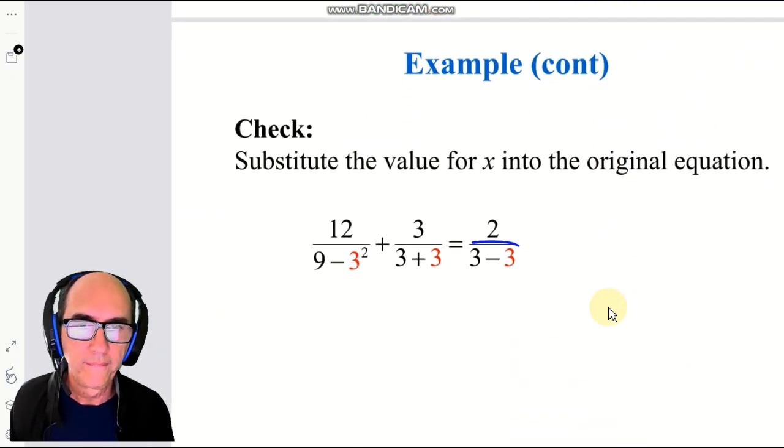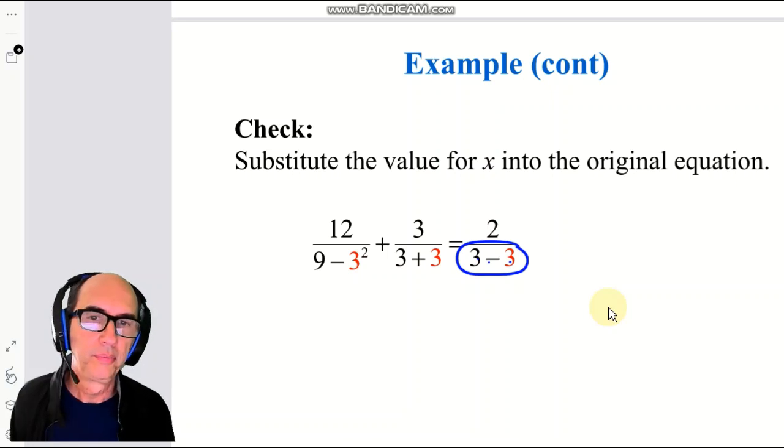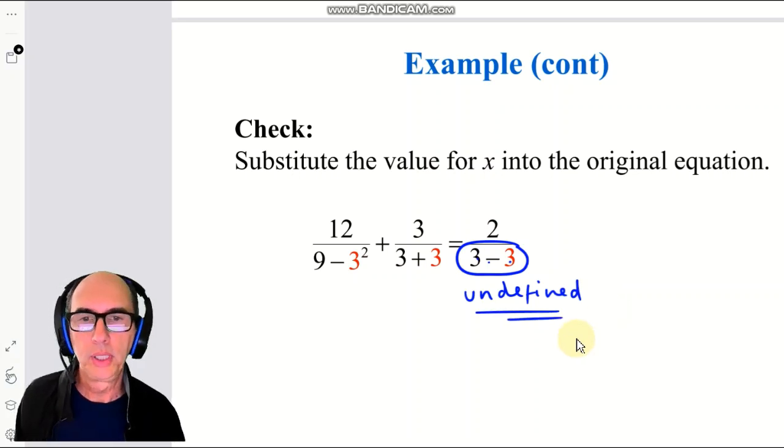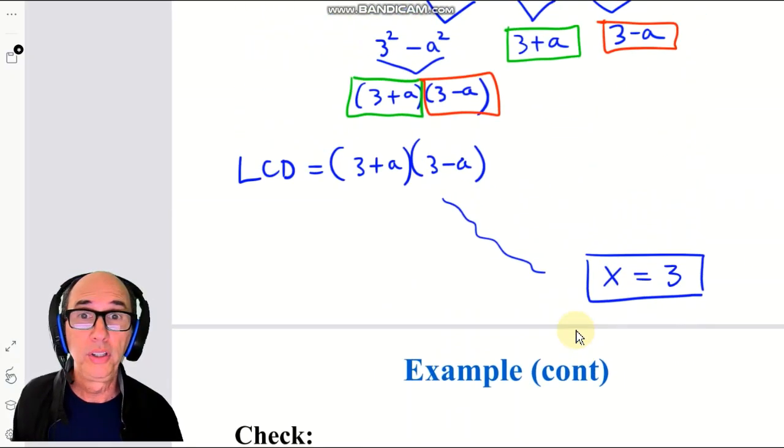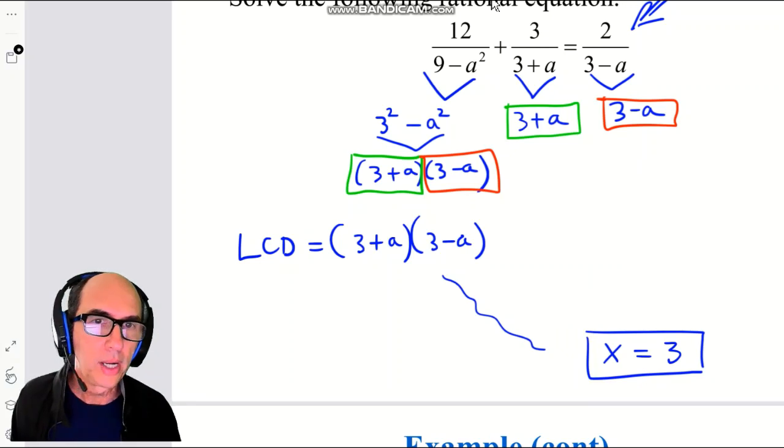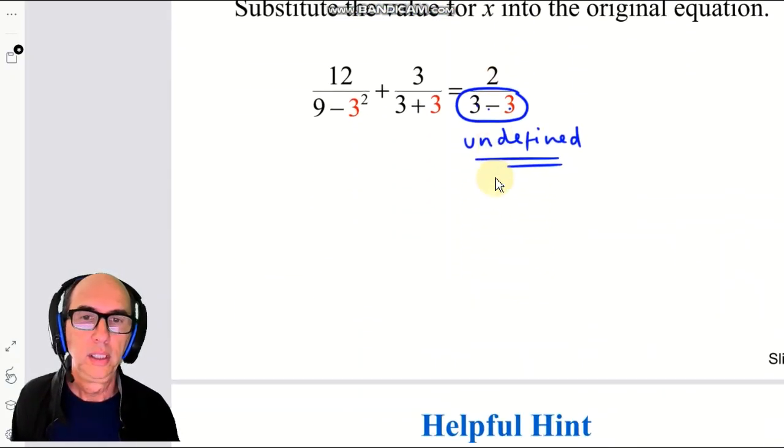Look here. 3 minus 3 equals 0. This is undefined. When you find a situation like that, even though you did all the right calculations, you're going to say this equation has no solution.